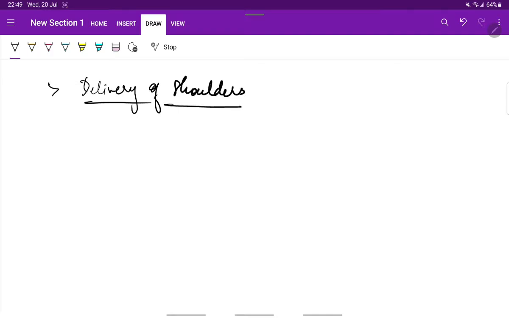So in delivery of the shoulders, we should take care of the perineum to avoid any perineal injuries. The delivery of the shoulder should be undertaken only when the bisacromial diameter engages.